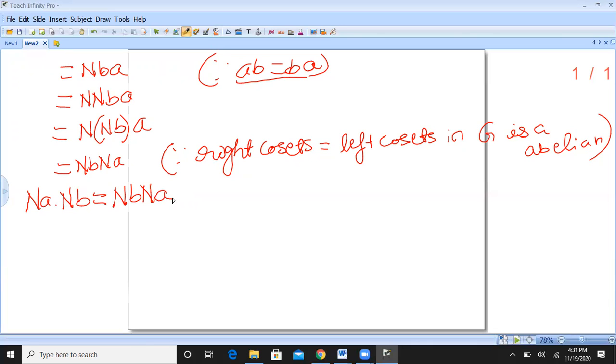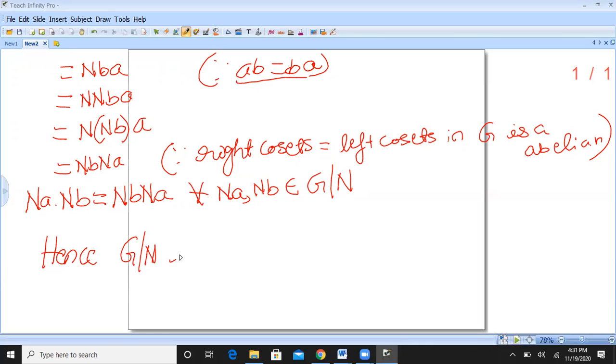So for all NA comma NB belongs to G by N. Hence G by N is abelian. Since G by N is abelian. Okay, you got this? So once again I'll explain you from first.